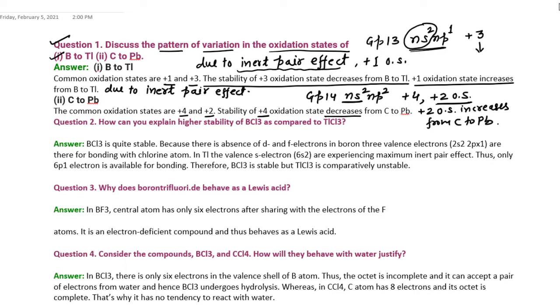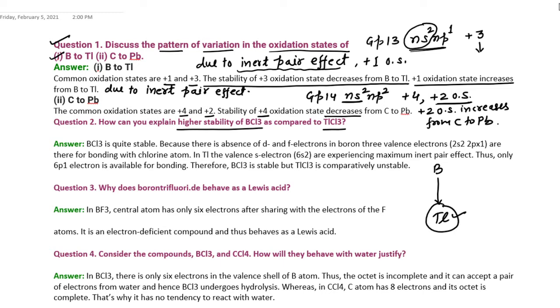Next, how can you explain higher stability of BCl3 as compared to TlCl3? Same reason, due to inert pair effect. As we go down the group, inert pair effect increases, and this inert pair effect is maximum in thallium.